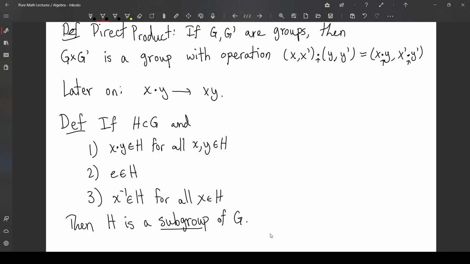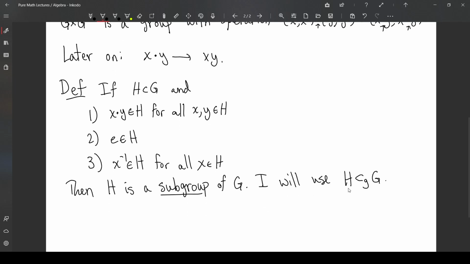For the sake of writing, I'm going to use a notation that I don't think I've ever seen, but I'm just going to use it as a handwriting shortcut. If I have this G next to a subset symbol, that's going to mean H is a subgroup of G, just so I don't have to say it.